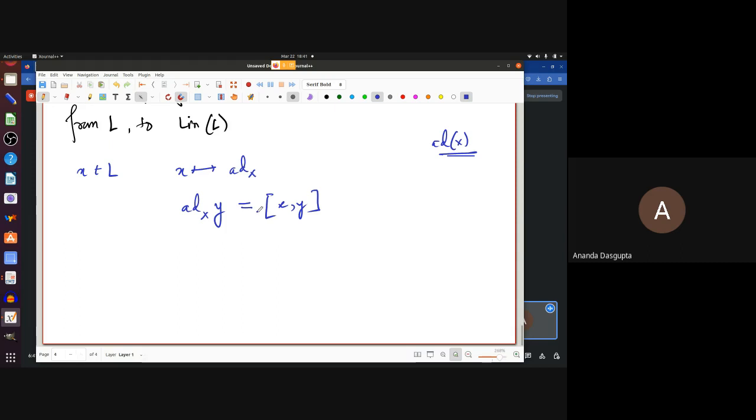You define ad x via this condition. Okay? Clear? To every element x of the Lie algebra, you assign a linear operation on L called ad x, whose action on any vector of L is simply take the Lie bracket with it. Okay? Make sense?